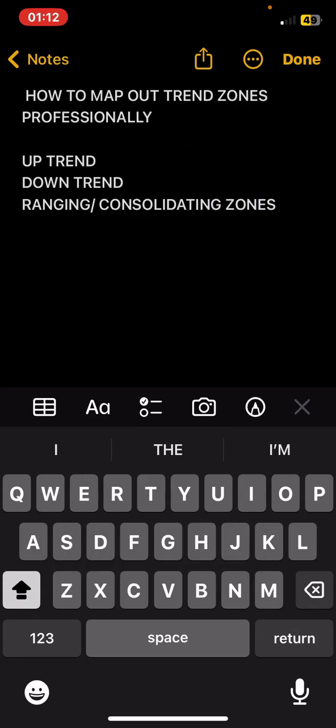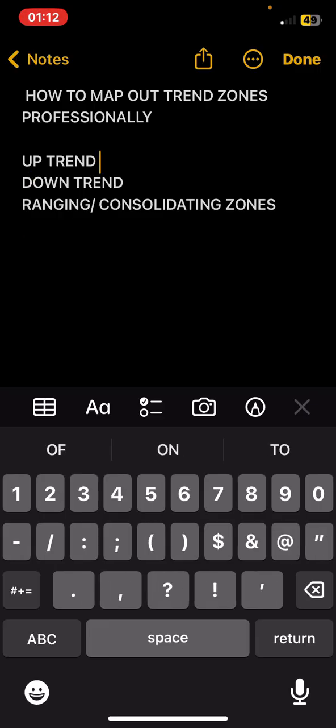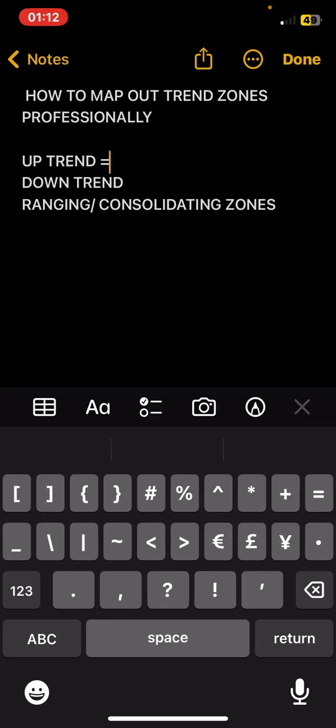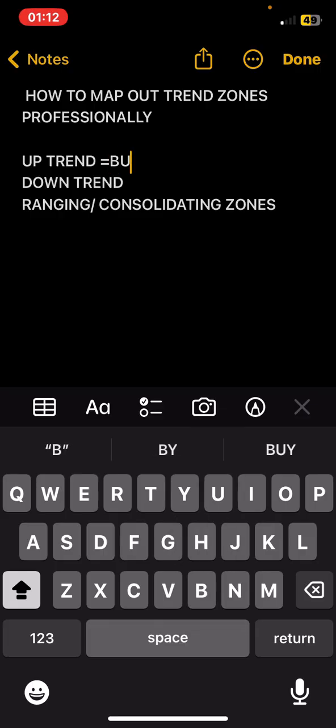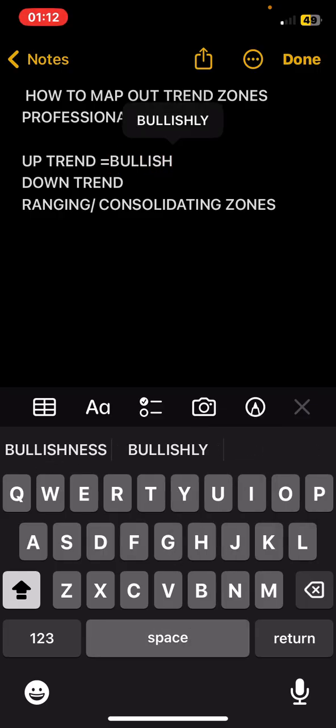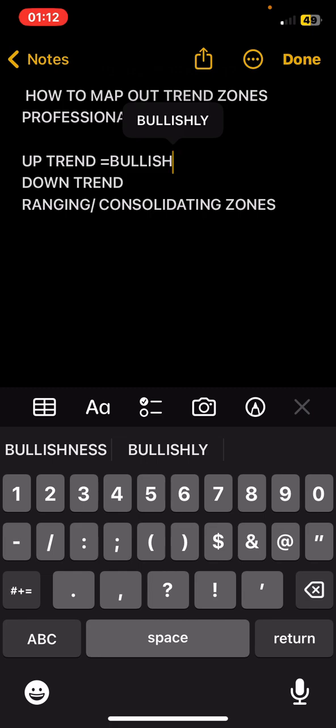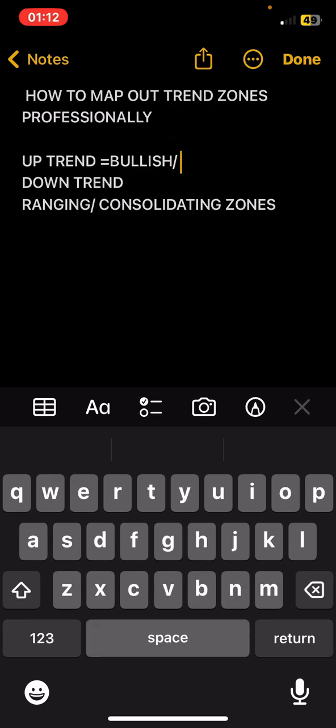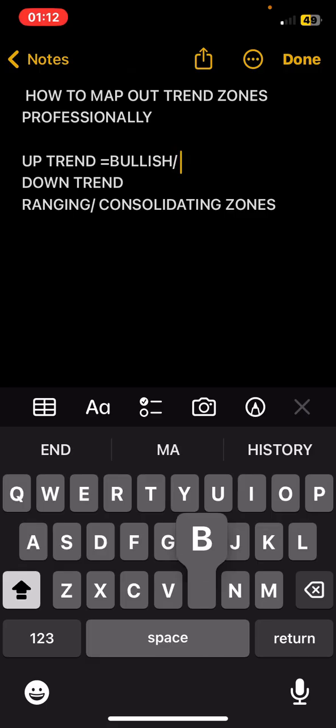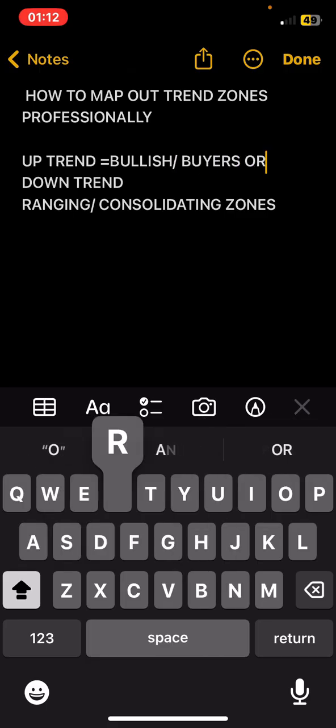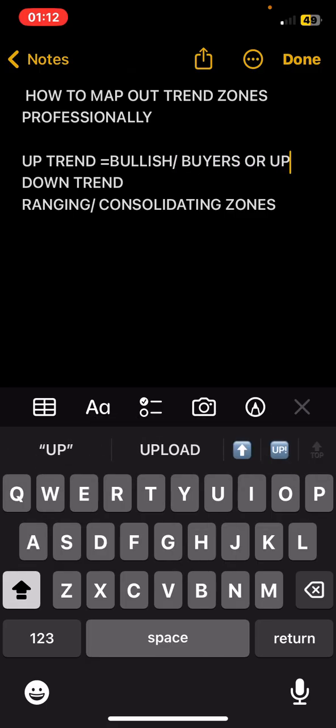And we were told that the uptrend is also called bullish, and it signifies buyers or up movement.